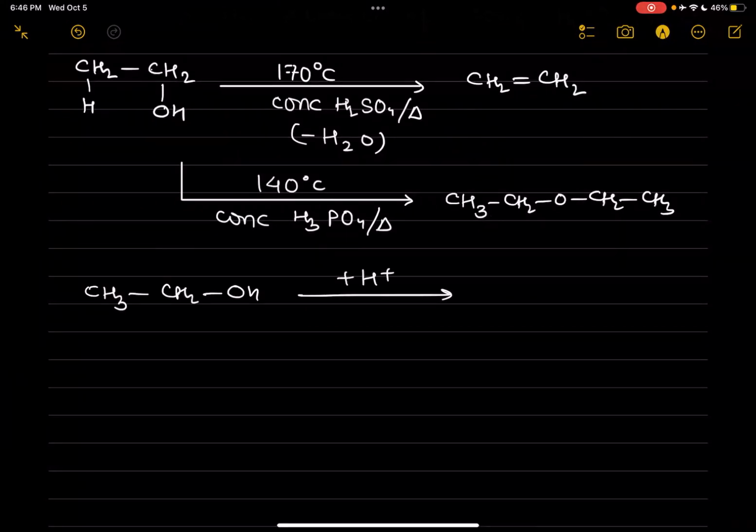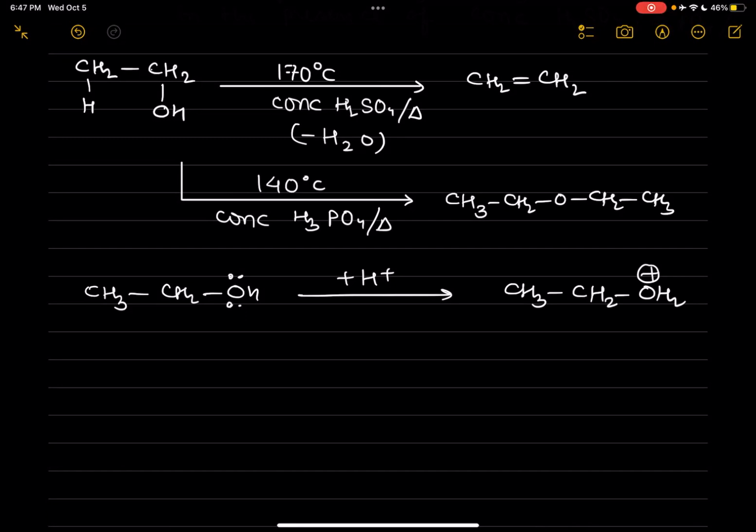First of all, H plus will protonate. Protonate means H2SO4 will protonate the OH group. The OH group has become OH2 plus, and it is ready to leave as water. But now we have two options.